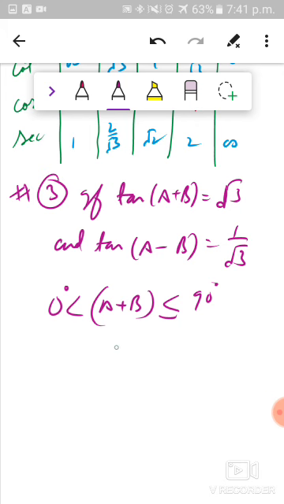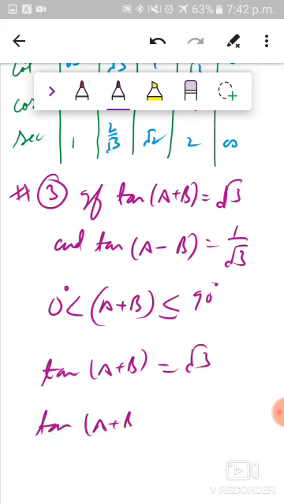As it is given that tan (a plus b) is equal to root 3, I know tan 60 degree is root 3.